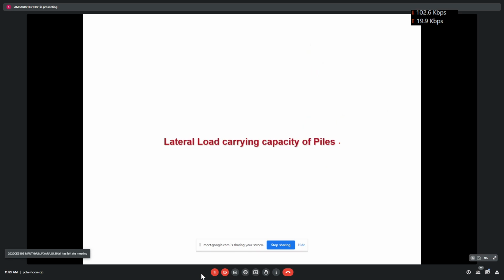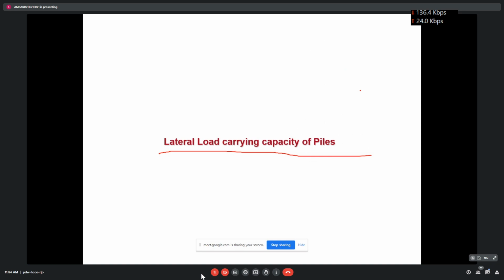Now, we will explain today the lateral load carrying capacity of piles. Why is this very important? Because whenever we design a pile foundation, it is not only subjected to axial loads, but lateral load will come.